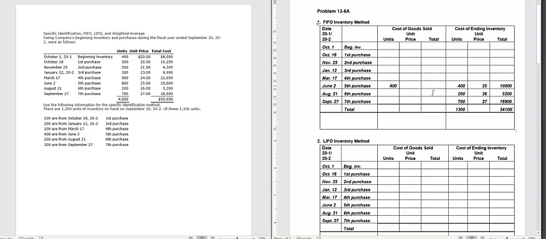So if we have these in ending inventory, all other units were sold. So we will start with our fourth purchase and put in the units for all other purchases. Then we'll come in and put in the cost of each purchase per unit. Okay, that looks about right.